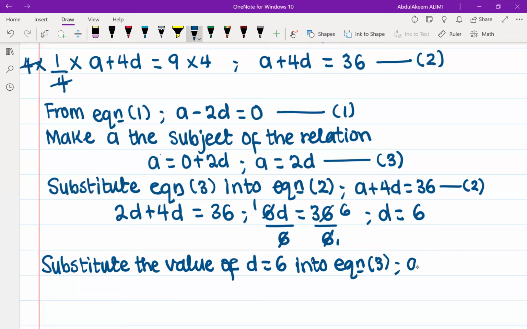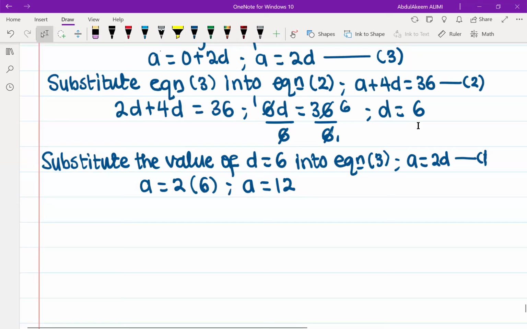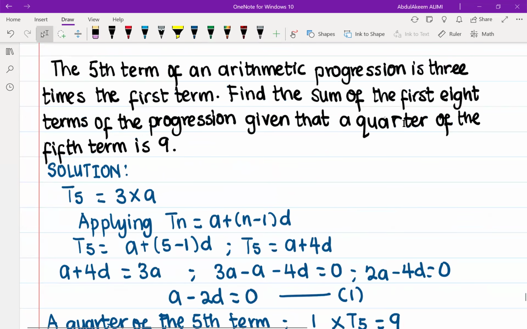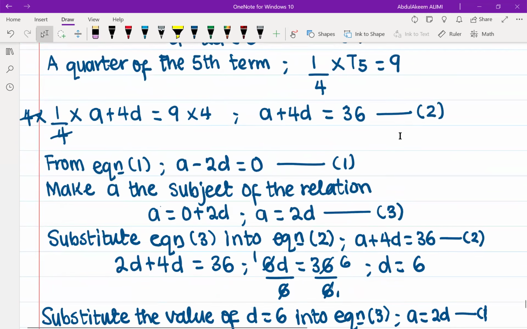What is equation 3? A is equals to 2d. So I have A is equals to 2 open bracket 6. So my A is equals to 12. Therefore, I've gotten the value of A to be 12, and the value of D to be 6.